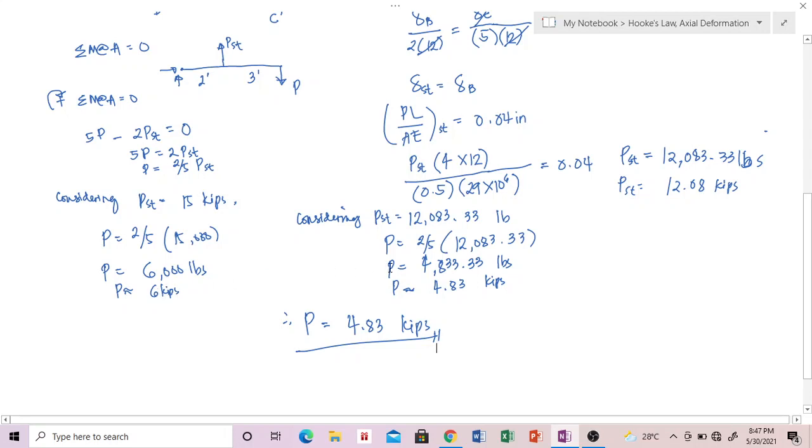But if you load it this much, it will exceed the displacement limit. So this is what we choose, class. When you are looking for the load, take note, you choose the lower one so that it can satisfy both the deformation and the allowable stress. When it comes to allowable stress, it can handle up to 30 ksi at 6 kips, so what more if the load P is only 4.83. So, it will not exceed 30 ksi. Okay, so the final answer, class, is 4.83 kips. Okay, that's all for this video.